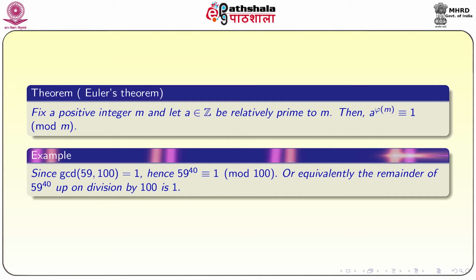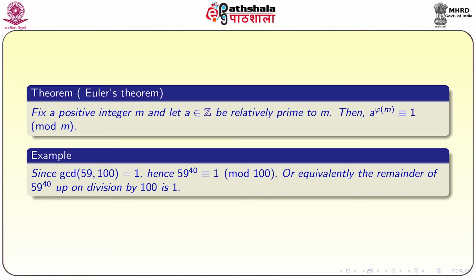Before giving the proof of this theorem, we will see an example. Since GCD of 59, 100 is equal to 1, assuming Euler's theorem is true, we have 59 power phi of 100, and phi of 100 is 40.